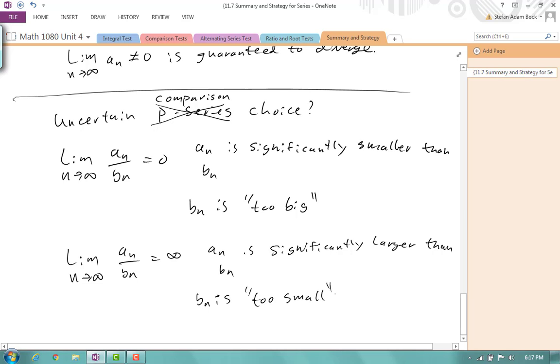So if b sub n was a divergent series, this would be fine because that means a sub n would likewise diverge since it's larger. But if b sub n is convergent, then a sub n could be a much larger convergent series, or it could diverge, I'm not sure. So in that case, I should choose a larger b sub n to compare with.